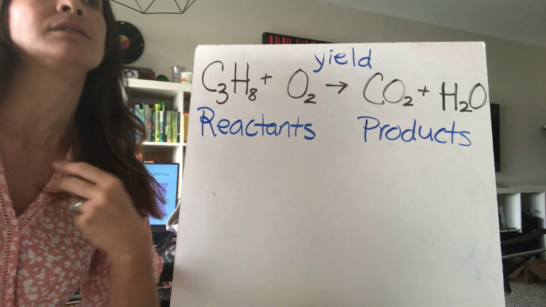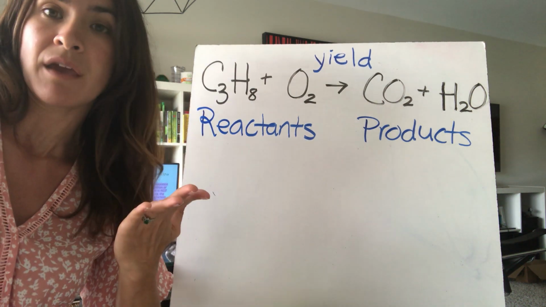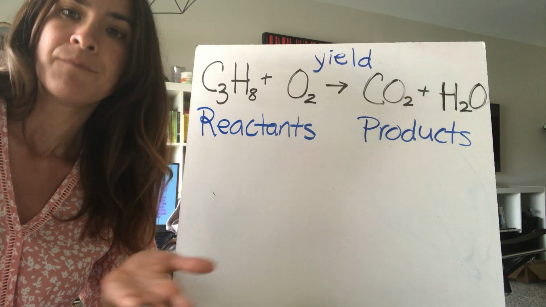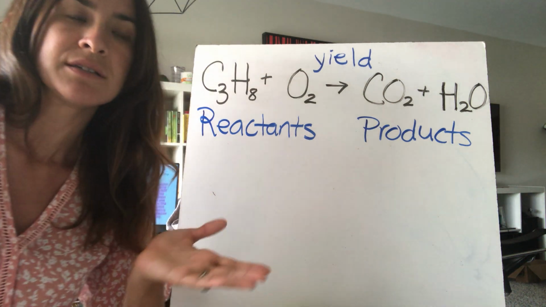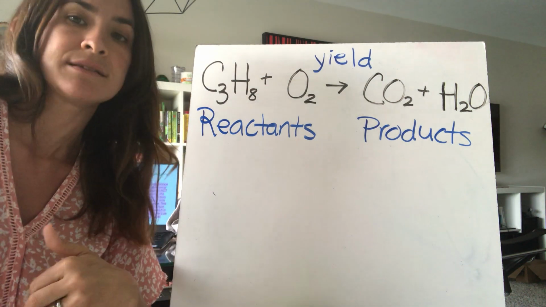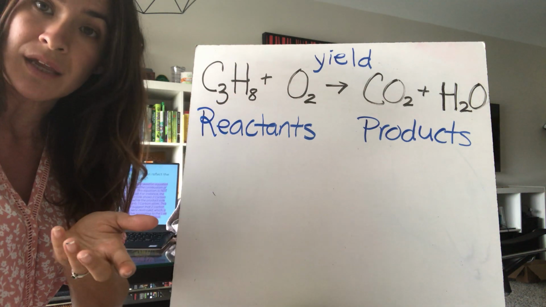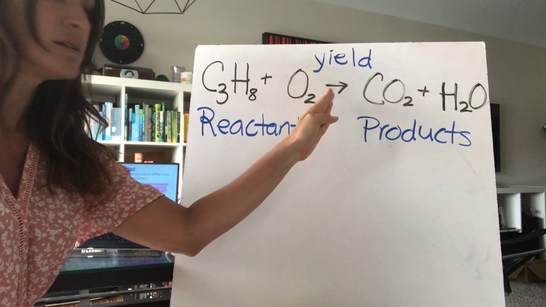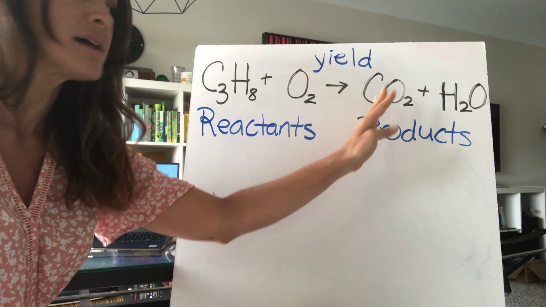If I have those ingredients for the cake or cupcakes, then my intention is to yield a cake, right? I have eggs and flour and sugar, and my intention is to yield something out of those reactants. So C3H8, which by the way is propane, and oxygen gas yield, once energy is involved, carbon dioxide gas and water vapor.